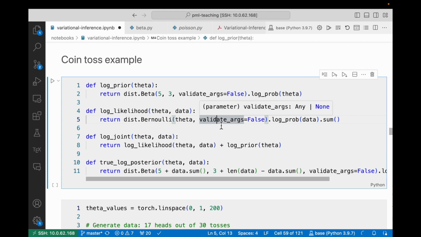Therefore, we need to make a guide distribution Q, which has to be parameterized by psi. What can be a good guide distribution here? It's a simple question. What can you propose as a guide or variational distribution?